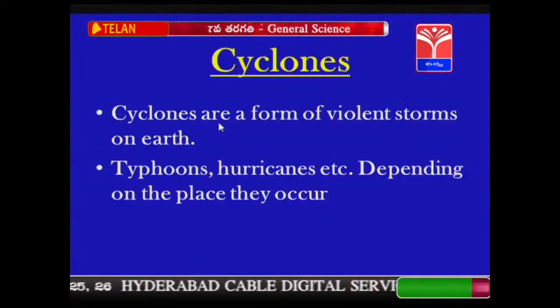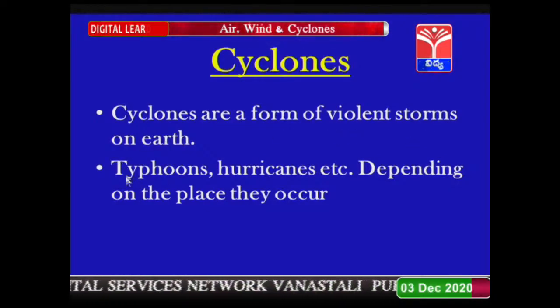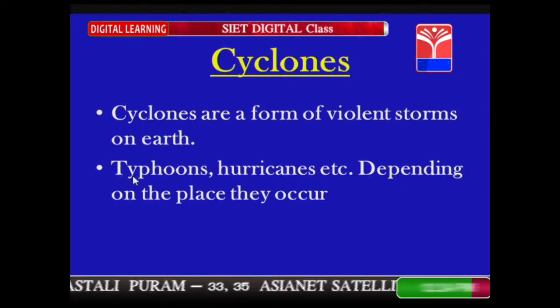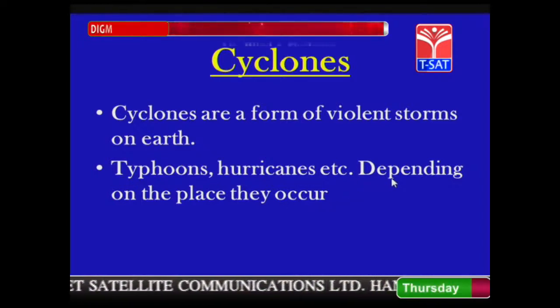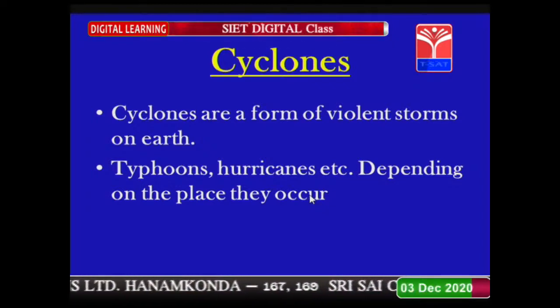So, we will try to define what a cyclone is. Cyclones are a form of violent storms on earth and different regions have different names. We call them typhoons or hurricanes, and other names are given depending upon the place where they occur.